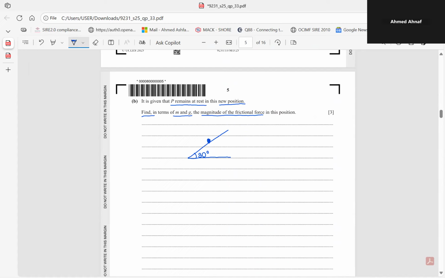So let's label all the forces acting on P. So first things first, obviously, since P has mass, there is weight acting on it. So that is just mg.